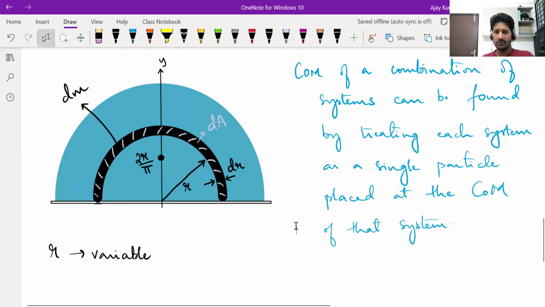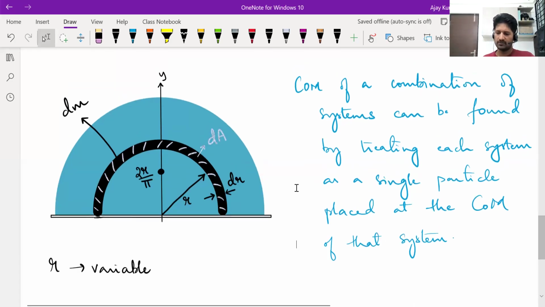Why are we bothered about its center of mass? You see the idea that we have written on the right side. Center of mass of a combination of systems can be found by treating each system as a single particle placed at the center of mass of that system. Now, the system that we have considered is a semicircular ring. We have to put it all at one place.